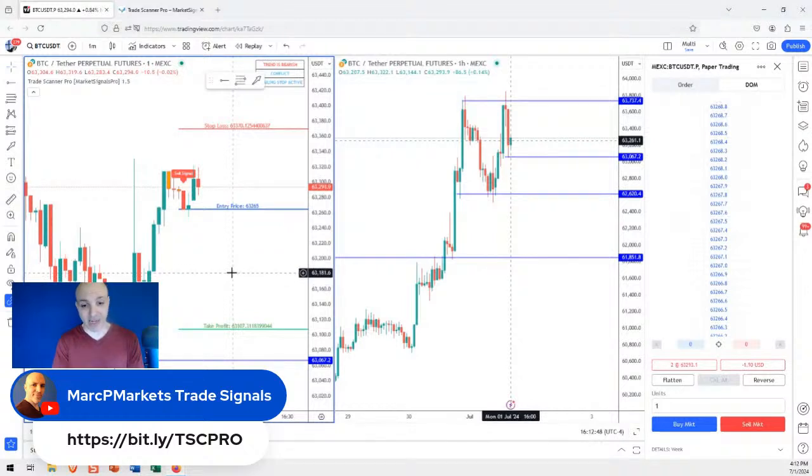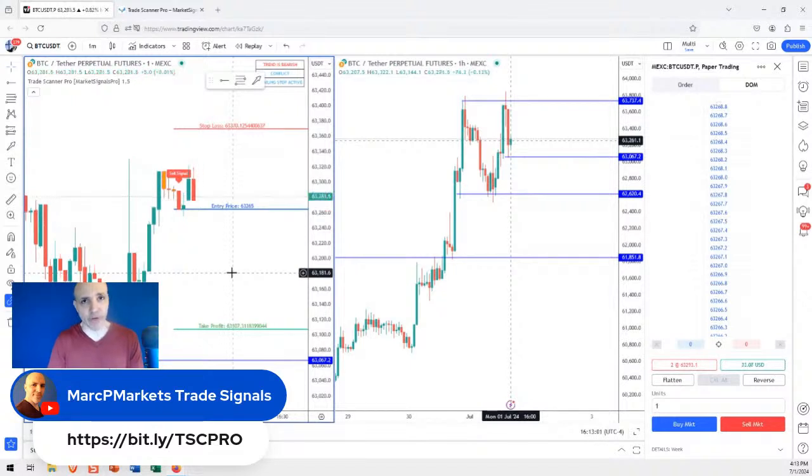Okay, because this is a random time of day, so there's a good chance this is a random trade. We'll see. But the point is, it takes all that work off your hands, which means it reduces your learning curve to a very short period of time, because now you're just learning trend, you're learning levels, the two most important components that you should know anyway, whether you use a trade scanner or not.